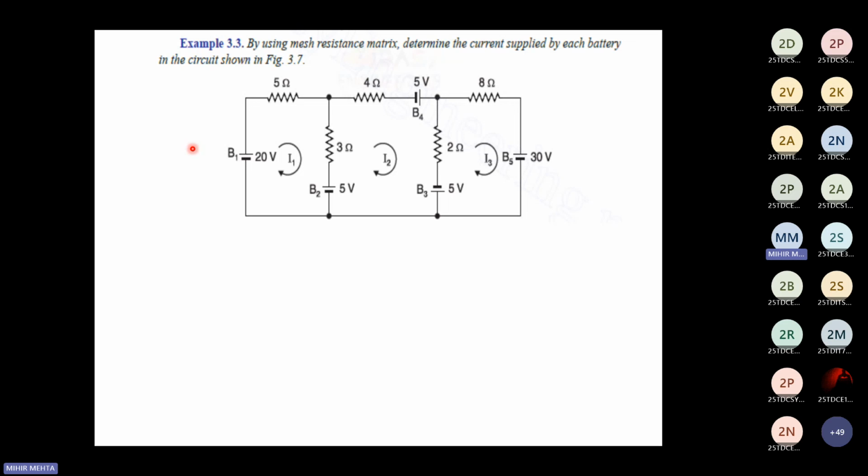Fine. Now, let's have a look at this particular diagram. Now I'll teach you a shorter method of making a matrix. It's usually called a shortcut method for making the matrix. So let us have a look at that. When we talk about the resistance matrix, I'm sure you are able to figure this out. The resistance matrix would be a square matrix, since you have three currents.